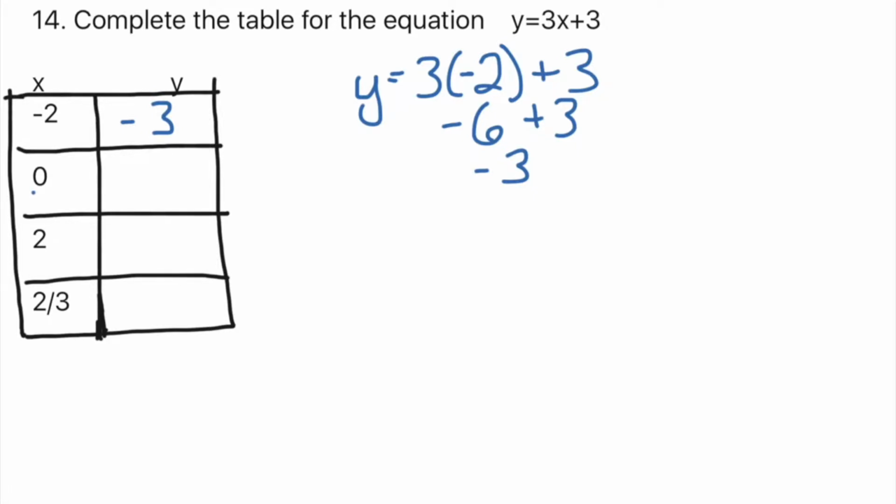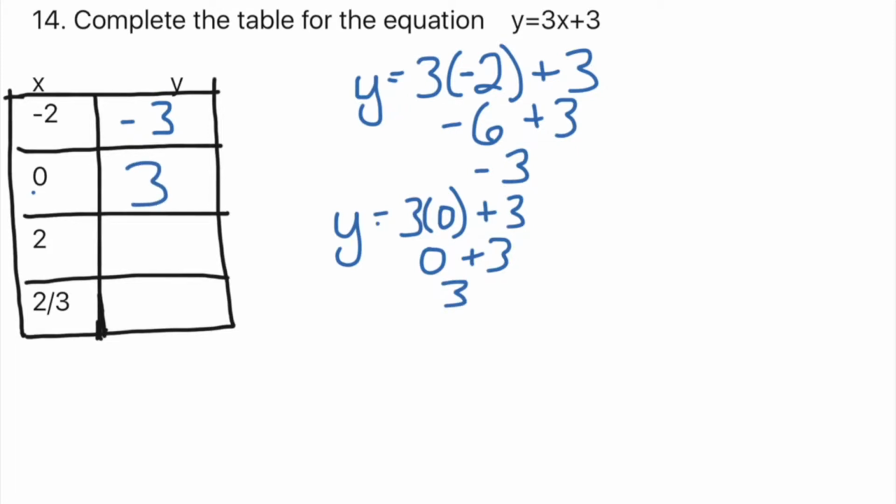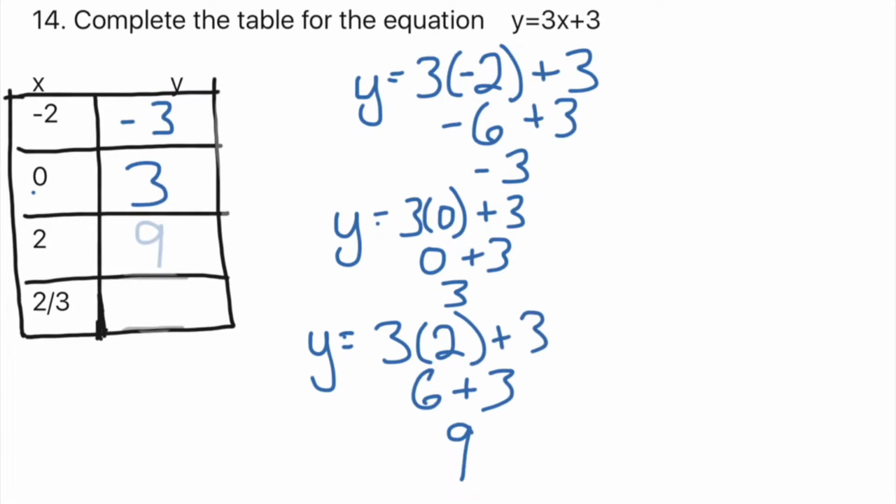So now we have 0. So y equals 3 times 0 plus 3. That's just 0 plus 3, so 3. And next we have 2. Y equals 3 times 2 plus 3. That's 6 plus 3, and 9.